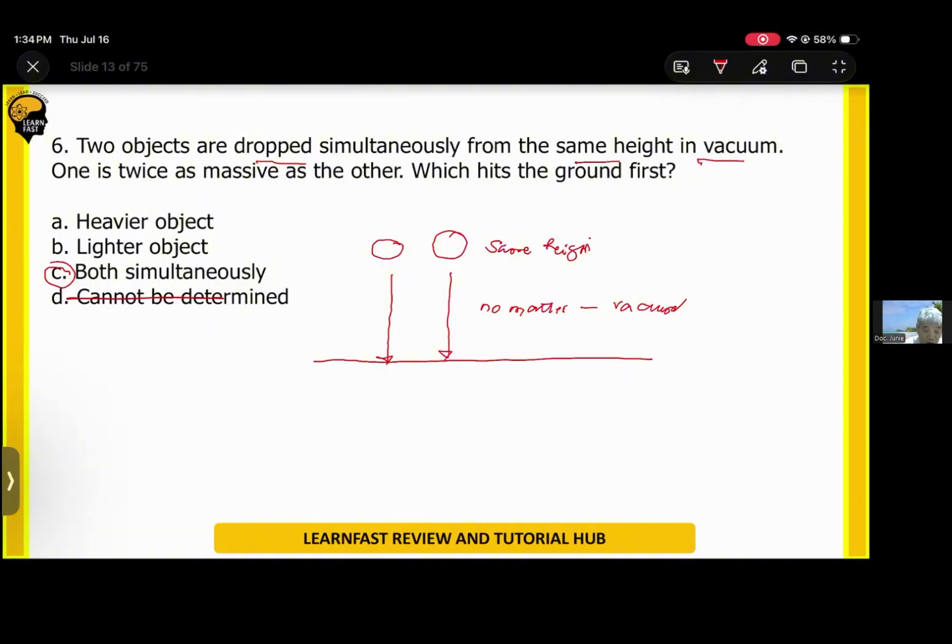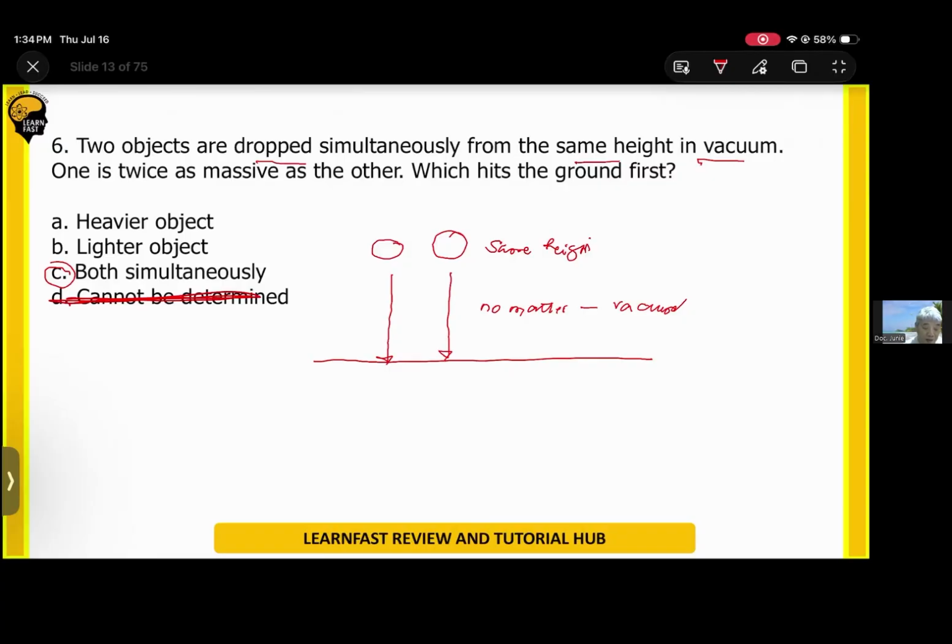So that is wrong right away. And if you have a lighter object and a heavier object and you let them fall from the same height in vacuum, they will reach the ground at the same time. So C is the answer here. Same time means simultaneously, the two objects will reach the ground simultaneously at the same time.